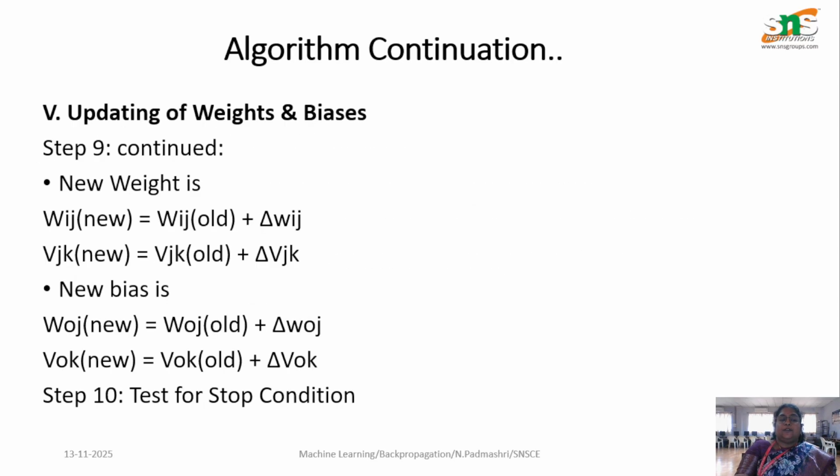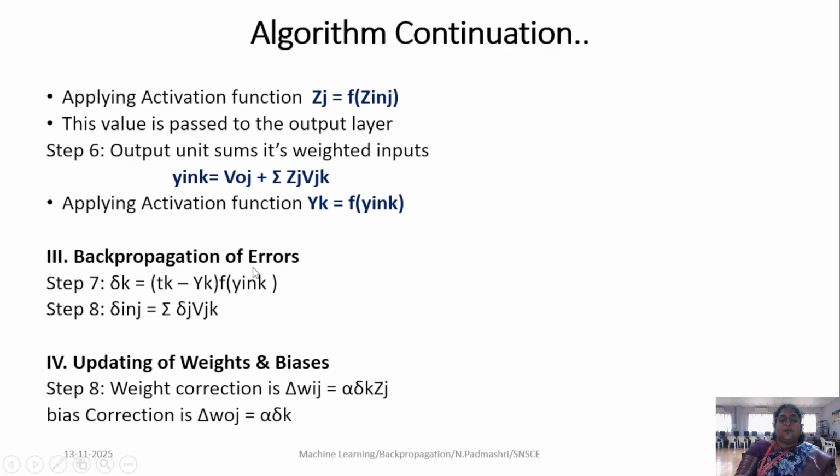Okay, again I will go back to the same step. These are the two steps I have explained. Then after we get some error, what we need to do is update the weights and bias. This is the corrected weight: the change in the weight equals alpha into delta k into z.